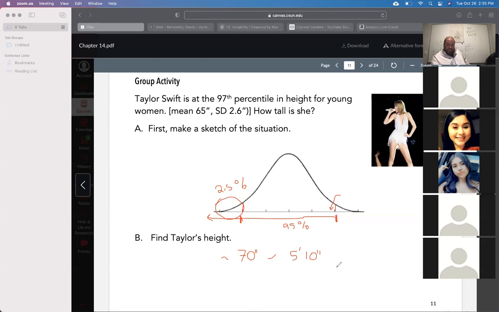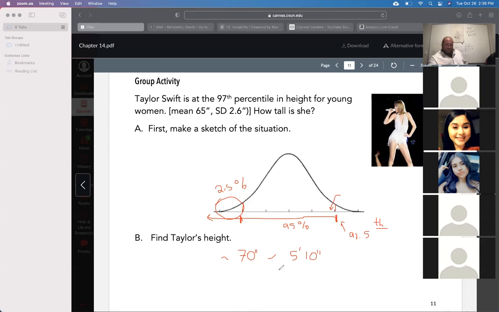Make sense? So she's a little bit before the second deviation. The second deviation would be the 97.5 percentile, and she's only the 97th percentile, so she's slightly before it.